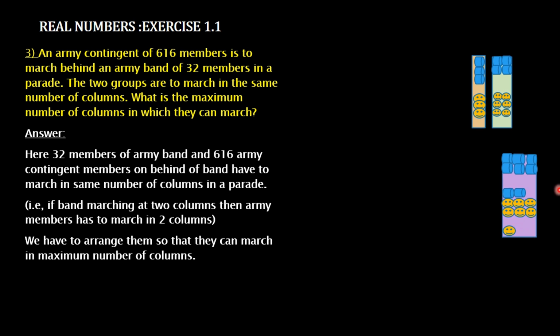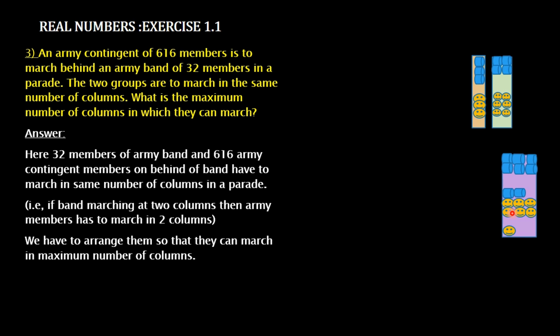So, how can we find the maximum number of columns in which they can march? For example, we can consider we have 6 chocolates with us. Either way, you have to divide among members, but the arrangement must be in equal number. Then with how many members can you divide your chocolate?